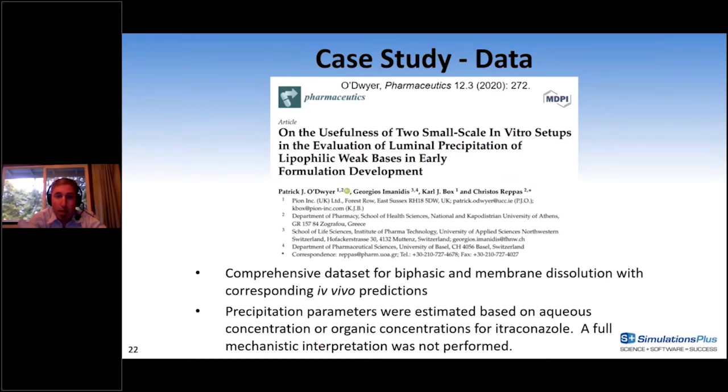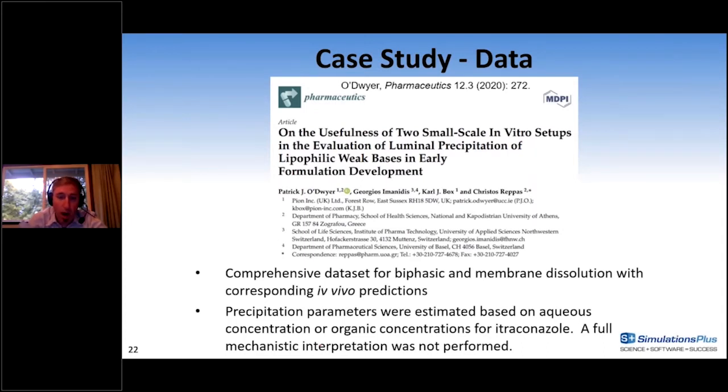So looking at the dissolution of dipyridamole, ketoconazole, and itraconazole solution and capsule in these two small-scale apparatus, and then calculating the precipitation parameters for those compounds, and using those for in vivo predictions. They used SimCyp, but we're using GastroPlus in this example.